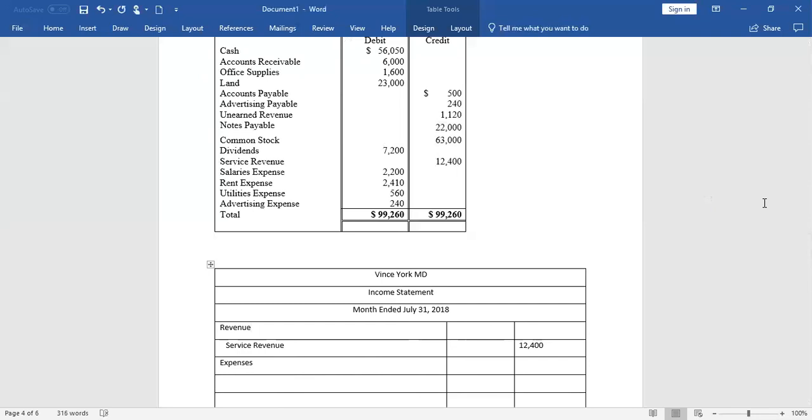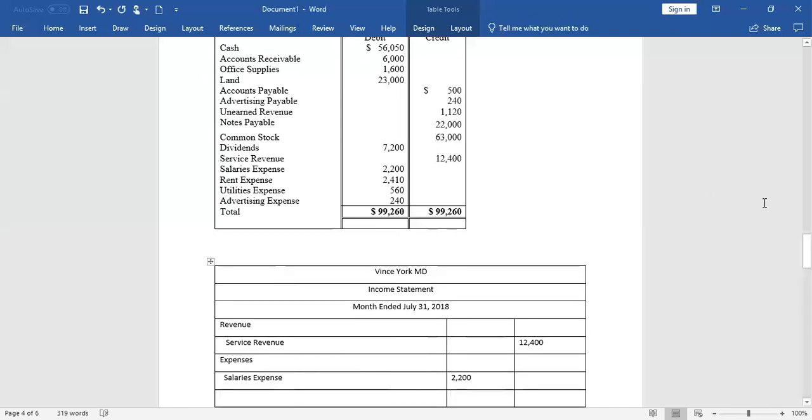Now, since there's more than one expense, we're going to list the dollar amount on that inner column. So we're going to write each expense, salaries expense, dollar amount. First one, 2,200. Then rent expense, 2,410.